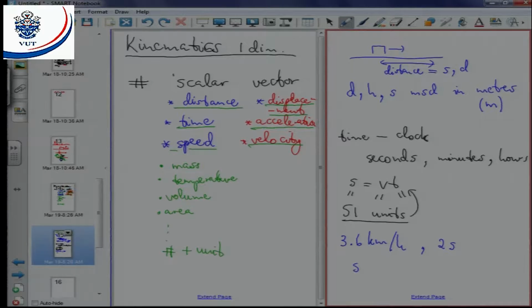You can see that here there's no match, so the time is in seconds and the speed or the velocity is given in kilometers per hour, so we need to convert the kilometers per hour to SI units, and we know that to go from kilometers per hour to meters per second, we just divide by 3.6, then you will get that the car goes at 1 meter per second.